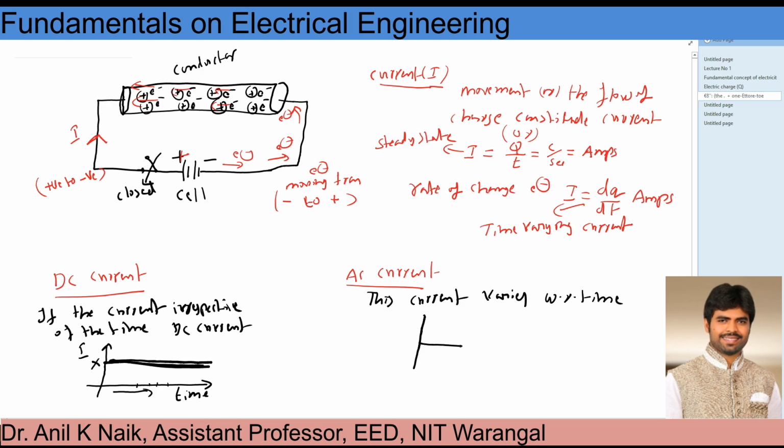The fundamental electricity waveform we are going to consider is the sinusoidal wave. So this is what I'm considering here: time versus the current I. As the time varies in this direction, my current is also varying with respect to that. So this is what is called the AC current.